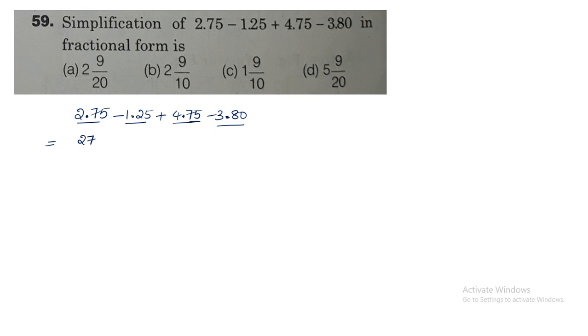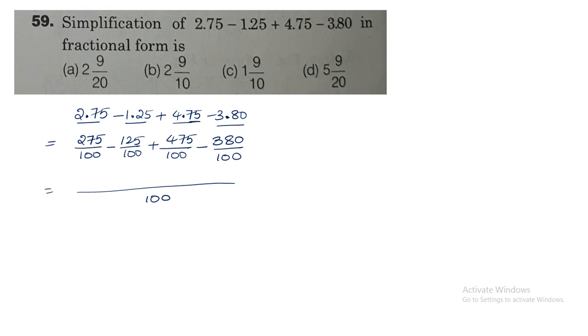Then directly I can write it as 275 by 100 minus 1.25 can be written as 125 by 100 plus 475 by 100. So this is nothing but converting decimal form to fraction form. And this I can write as 380 by 100. Now if you observe, all the denominators are the same, 100.